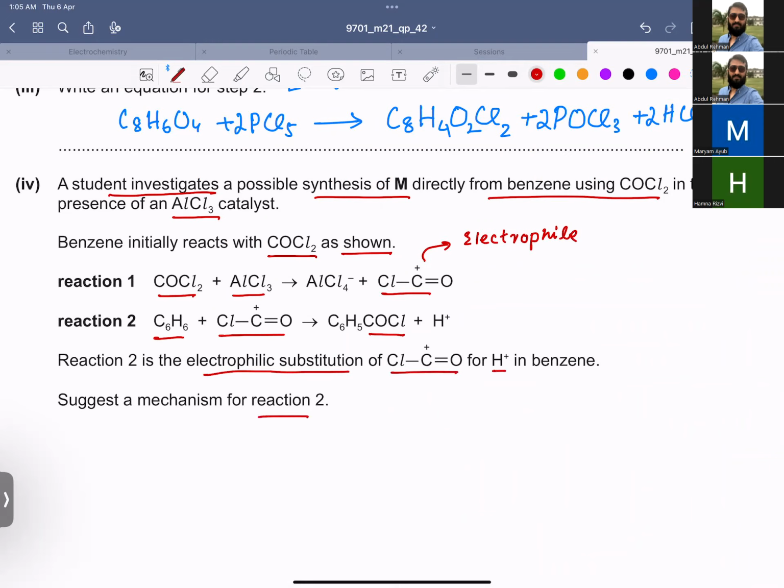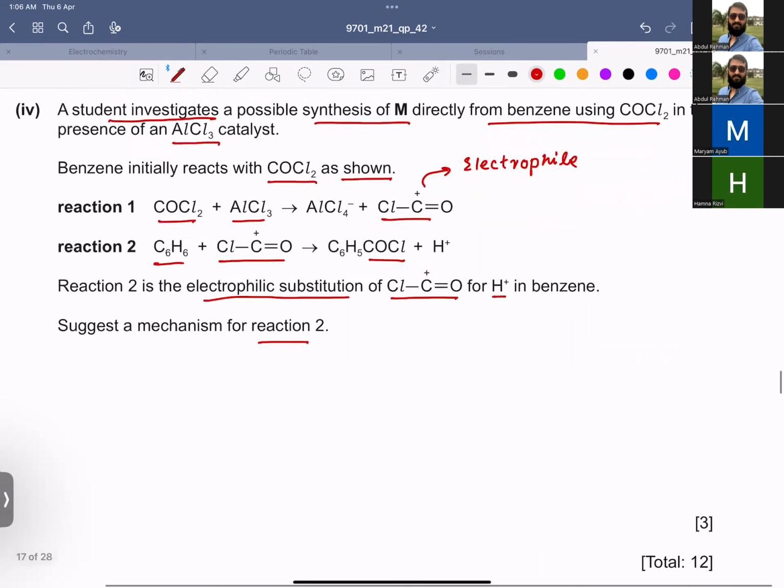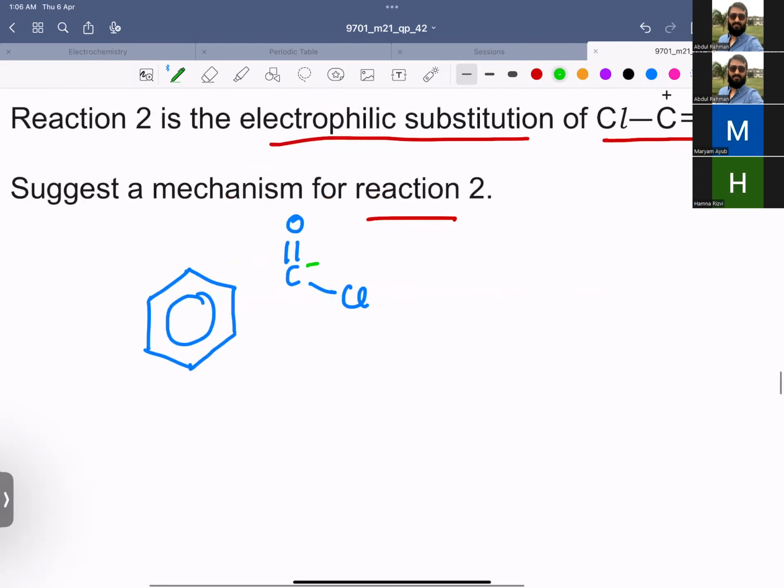Reaction 2 is electrophilic substitution of this electrophile for a hydrogen ion in benzene. Suggest a mechanism for reaction 2. So its mechanism is the same as you practiced with positively charged chlorine or positively charged alkyl group or positively charged acyl group. So our electrophile has a C double bond O and a Cl. And this carbon has a positive charge, right? So what will happen initially?